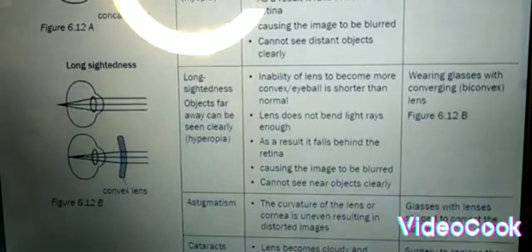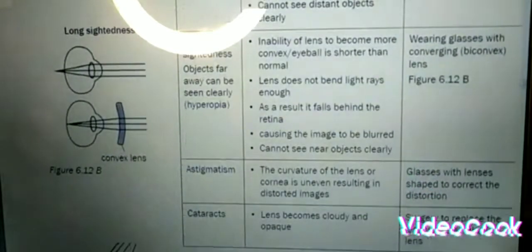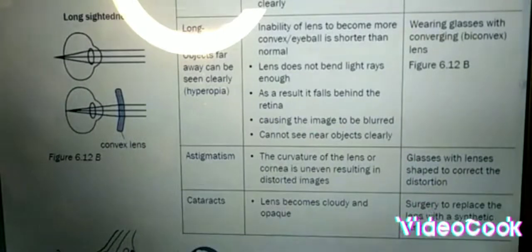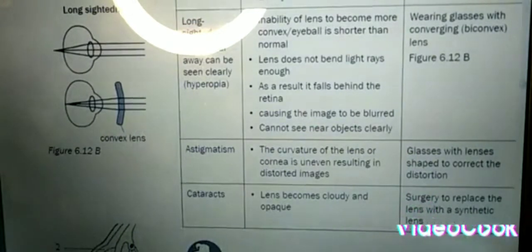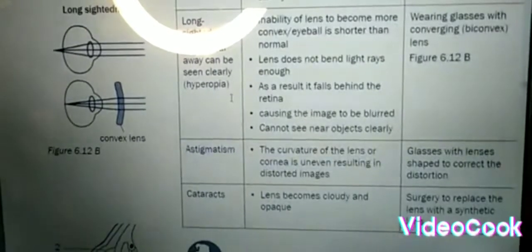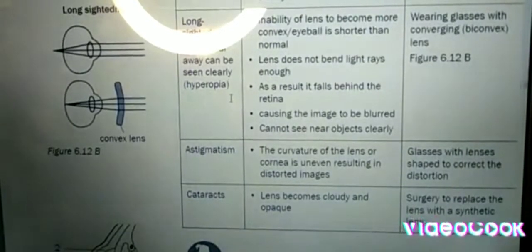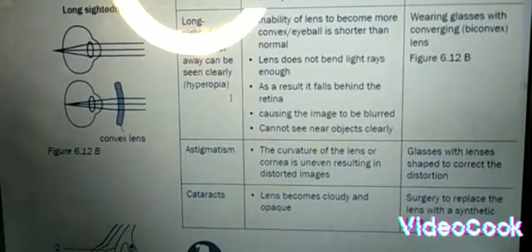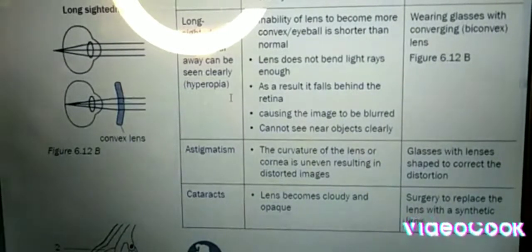Then we have people who are long sighted. With long sightedness, objects that are far away can be seen clearly. This is called hyperopia. It's no longer myopia, it's now hyperopia. These people can see distant things clearly rather than closer things.